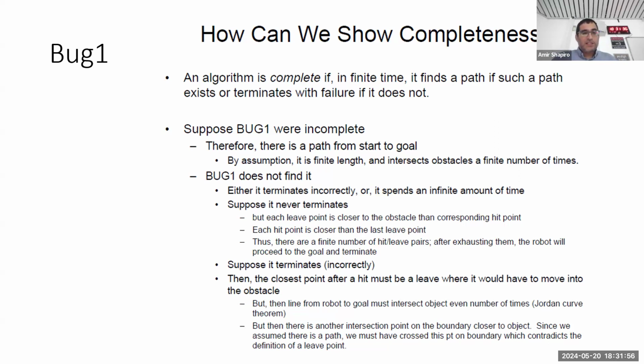But then there is another intersection point on the boundary closer to the goal. Since we assume there is a path, we must have crossed this point on the boundary, which contradicts the definition of a leave point. So this is the idea, and this is the proof that it is complete: it will find the solution if such exists, and will stop if it does not exist.